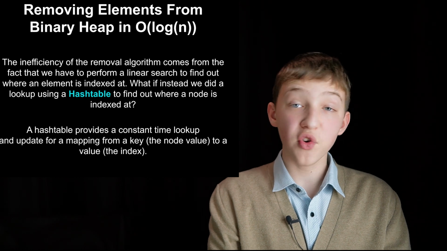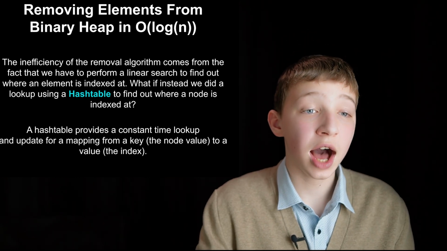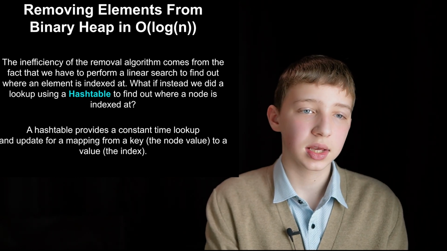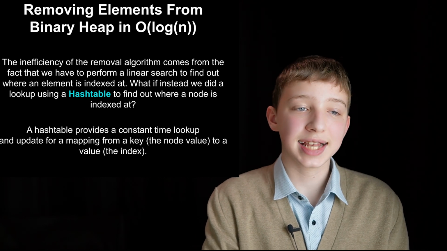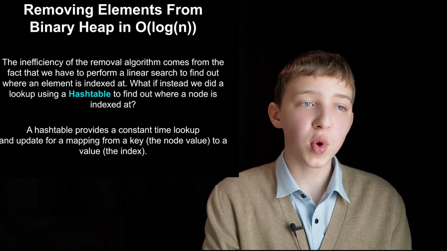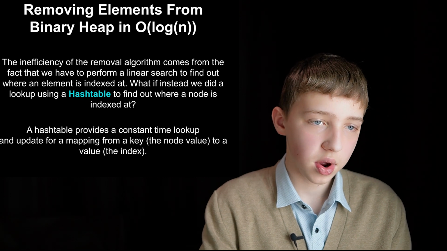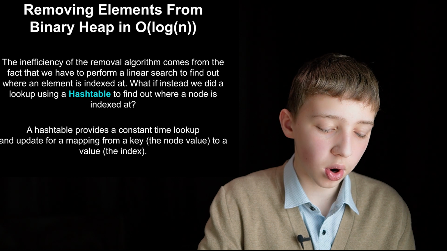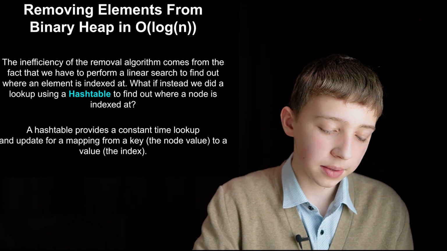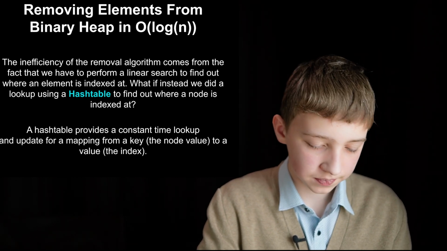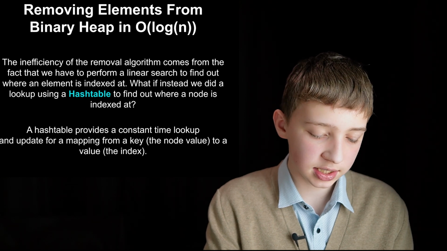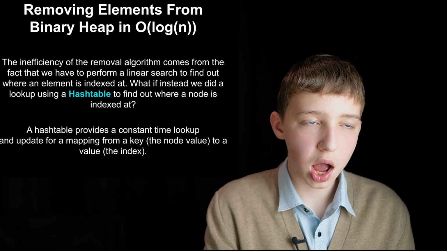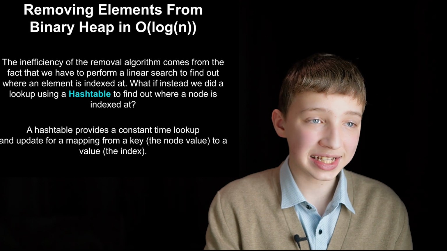So when we want to remove a particular node, we look up what index it is at instead of doing a linear scan. We already know at which position each node is, and we are just going to swap elements with their positions, with their indices. I'm going to talk about it next time.